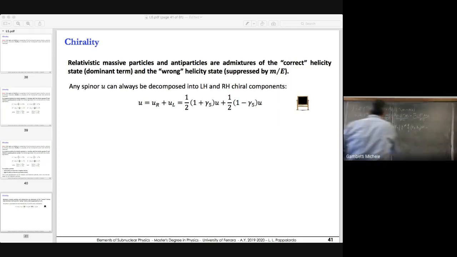Okay, so now we make some simple passages. We multiply gamma mu here. So this is 1/4 u-bar, then we have gamma mu plus gamma 5 gamma mu, and then we have (1 plus gamma 5) u. Now we apply the anti-commutation relation between gamma 5 and gamma mu. So this is 1/4 u-bar gamma mu minus, we swap the two, gamma mu gamma 5, (1 plus gamma 5) u.